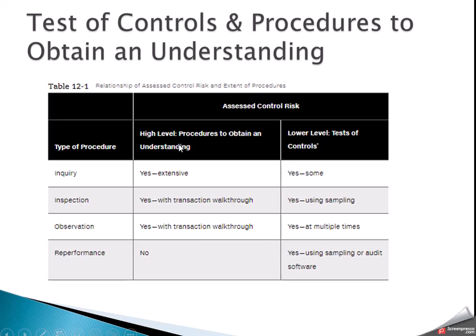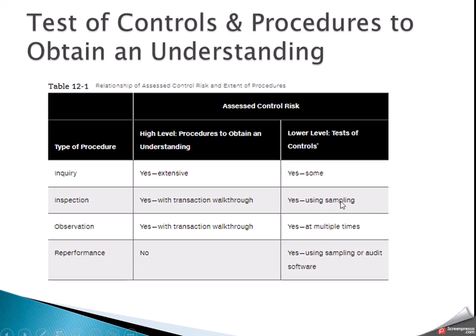So if we have a high level of control risk where we're just trying to obtain an understanding, we are going to have extensive inquiries. We are going to have a transaction walkthrough, and in a transaction walkthrough, we wouldn't have to do any reperformance. So if it's a lower level assessed control risk where we're actually wanting to test the controls, we're going to do inquiry, we're going to do some inspection using a sampling method, again, probably with a level of materiality.